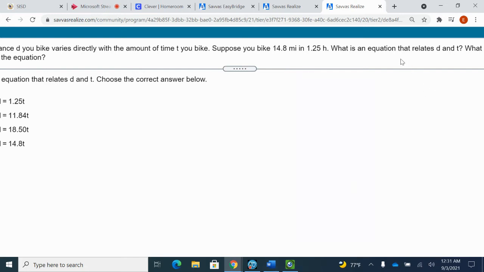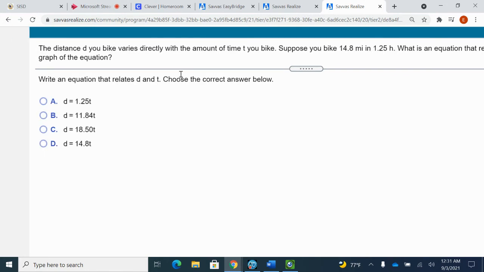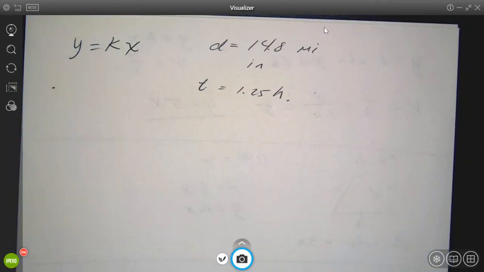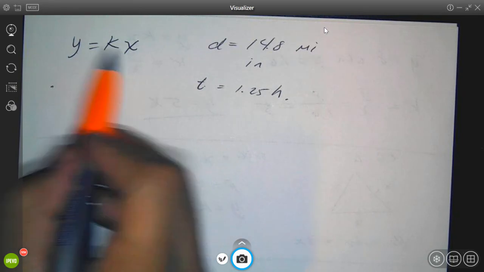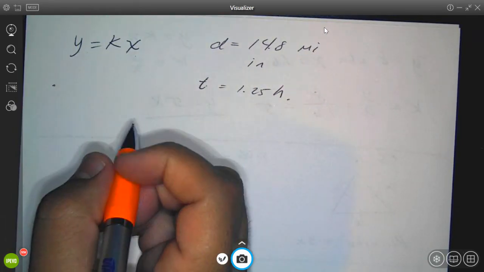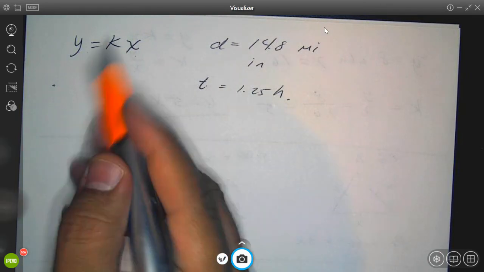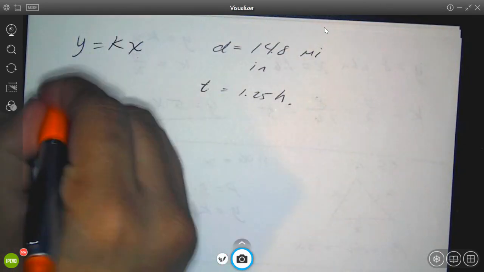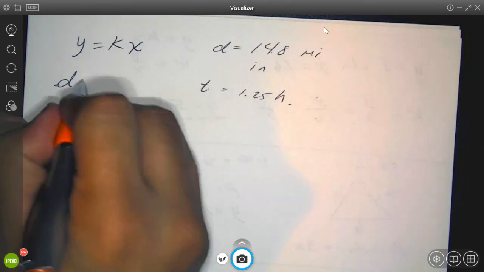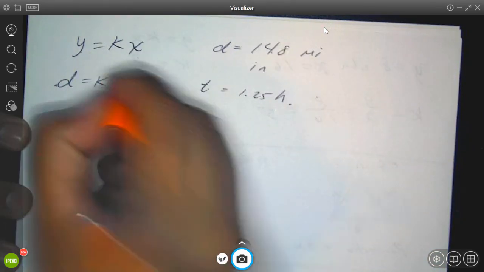So it says write an equation that relates d and t, and what is the graph of the function. So, important information given here, right? This is it. They first told me, hey, you have a direct variation, and then I can come up with my equation, right? It said d, distance, varies directly with respect to time, k, t.